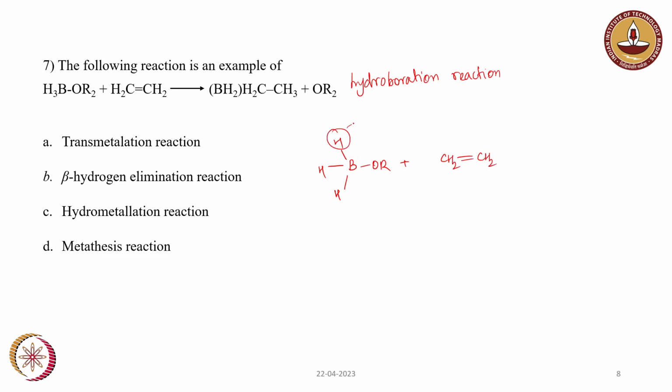One hydrogen is removed and given to the carbon, and one BC bond is formed, and this is removed.